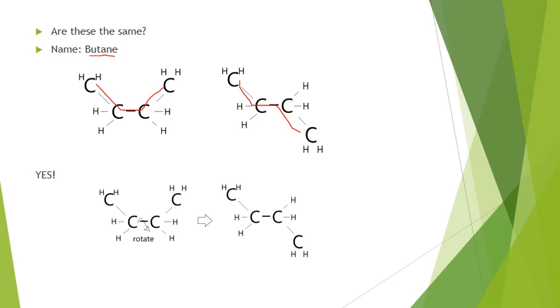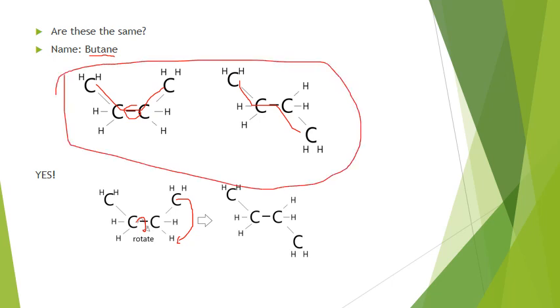Well, yes, they are, because with these single bonds, you can rotate around those bonds. So I can flip this guy by twisting this. I can turn this carbon so that it's down here. So these two structures are identical.